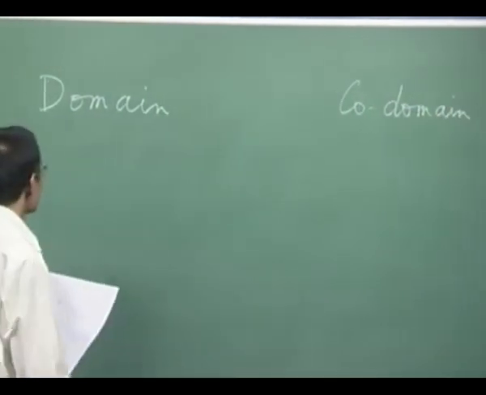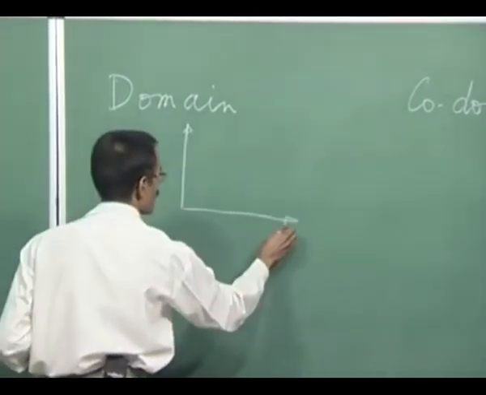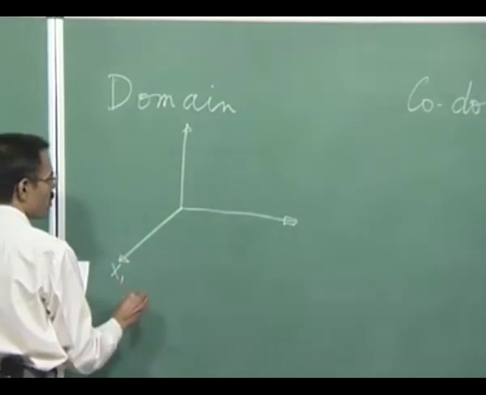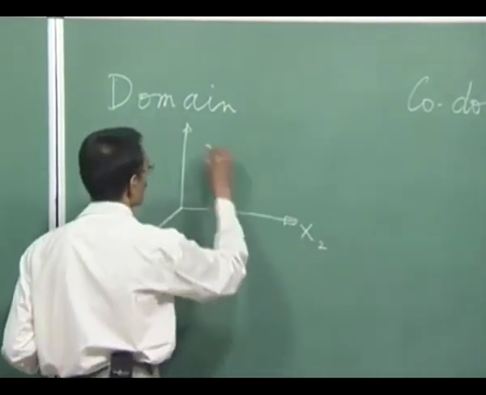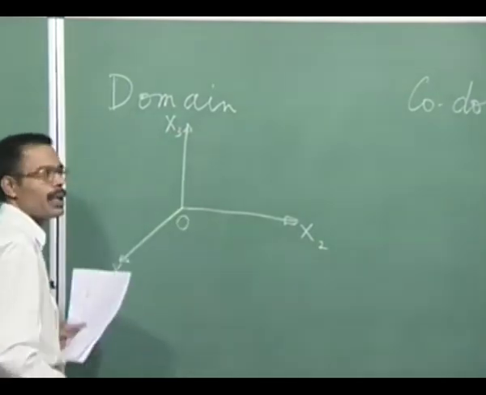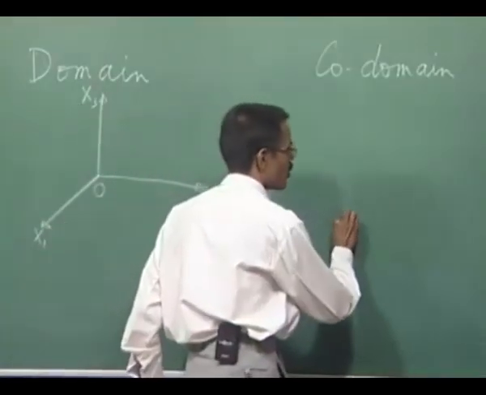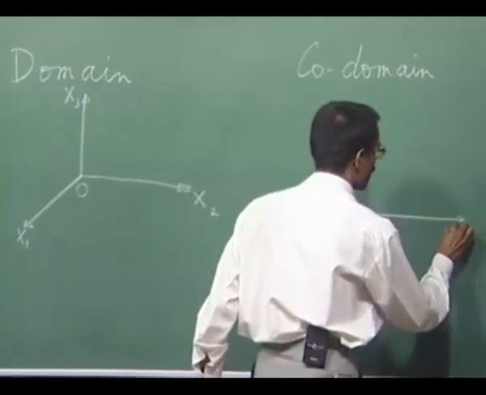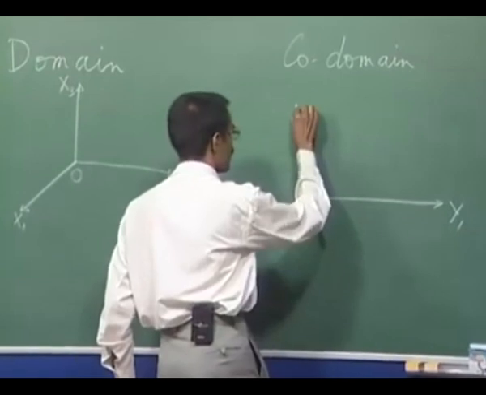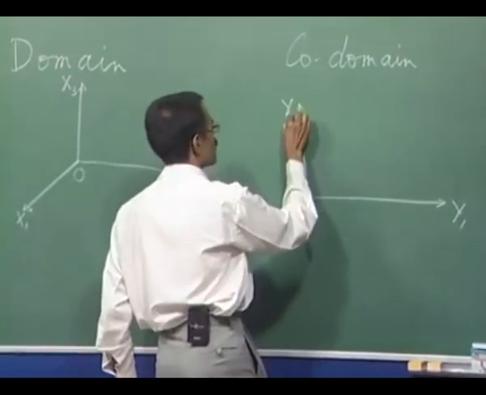The domain will have 3 axes. We will show this as x1, this as x2, and this as x3, origin O. The same origin, but shown separately, is here, where we have this as O y1, and this is y2.